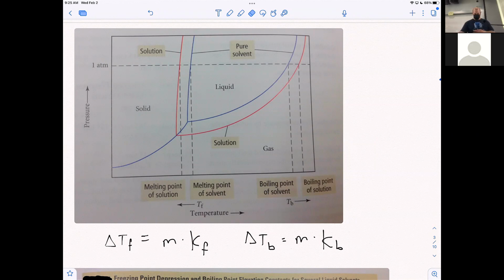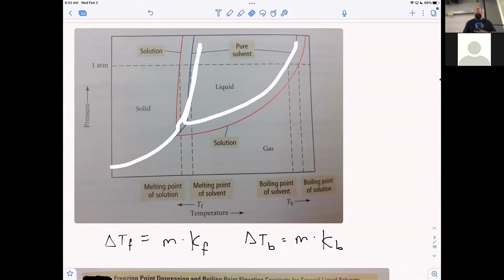And we have a phase diagram here. The x-axis is pressure, the y-axis is temperature, and this blue line is what the phases would normally be. If you have a solution, though, you expand the liquid phase. The liquid phase gets a little bigger.